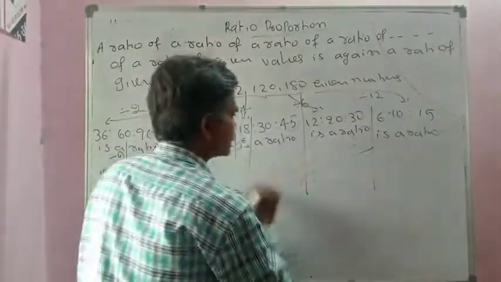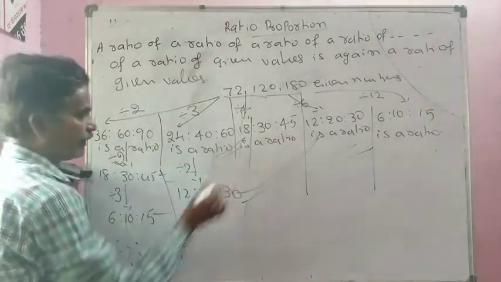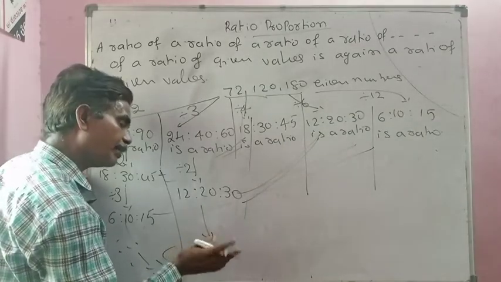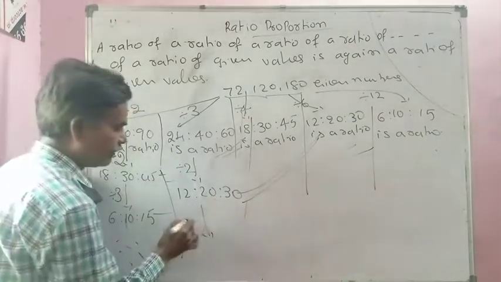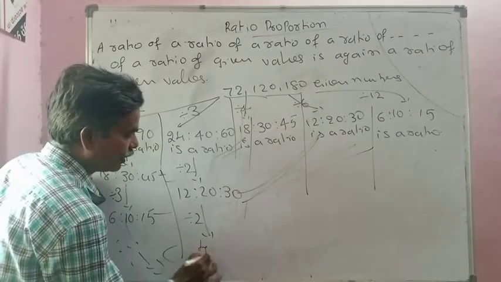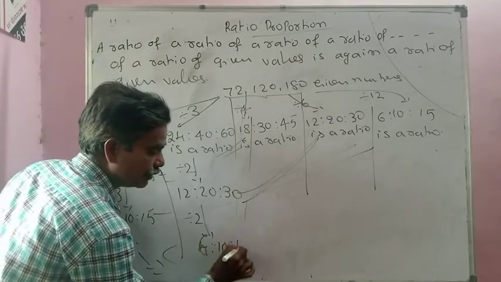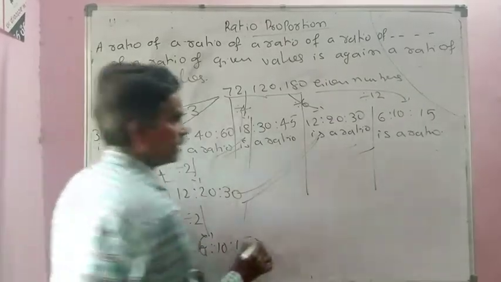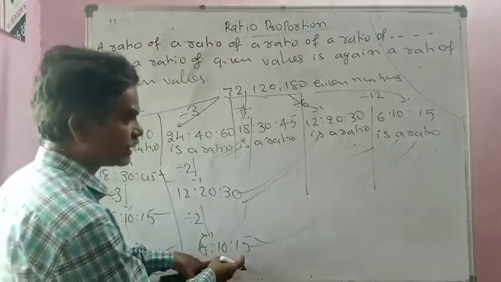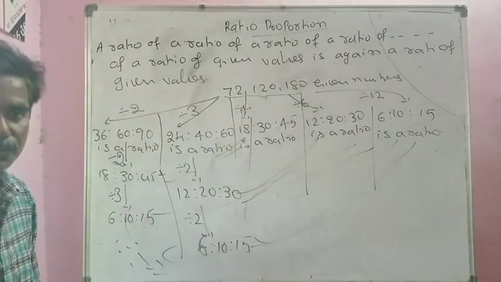Observe that this one is equal to an already existing ratio. Again find the ratio of this one. For that, let us divide this ratio by 2. We will get 6 is to 10 is to 15. Observe that the values in this ratio are equal to an already existing ratio.